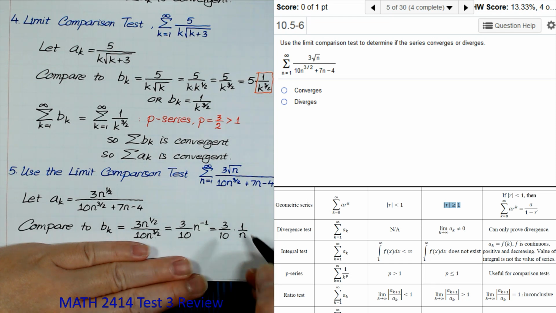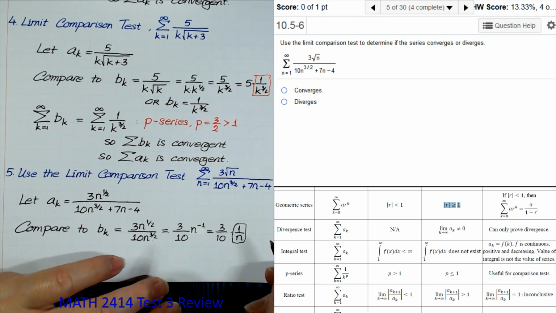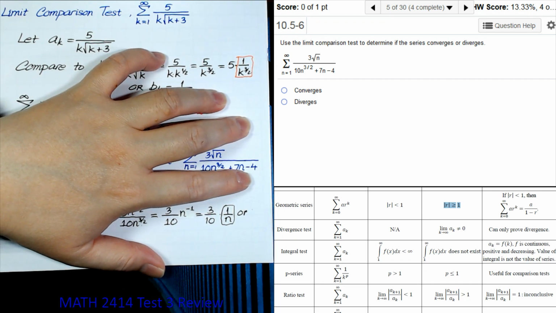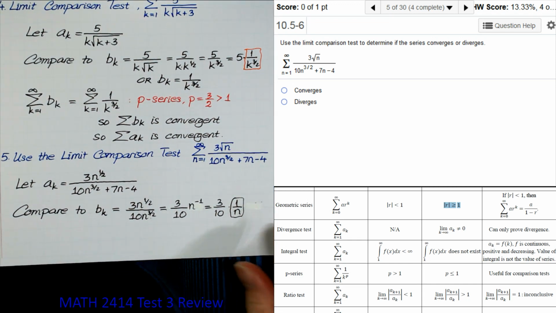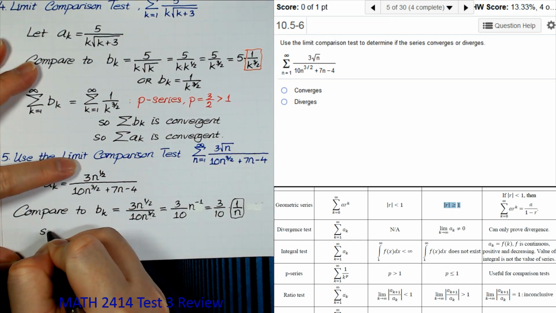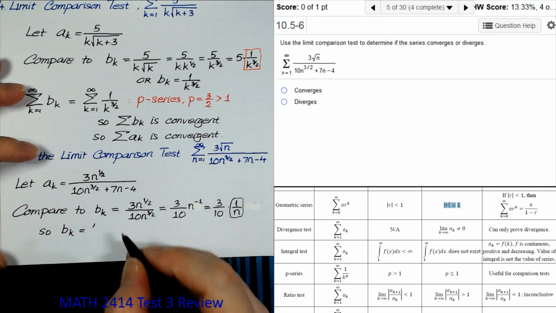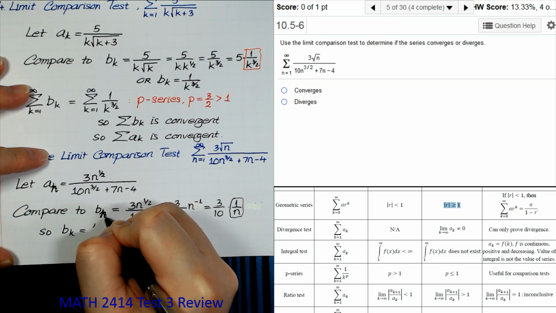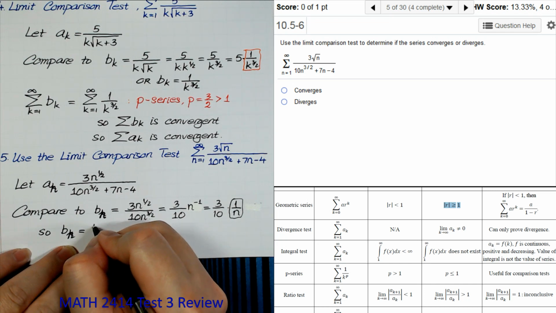And what we compare to is this, that is b of k. So b of k is 1 over... there's no k here, there's n, sorry. So b of n is 1 over n.